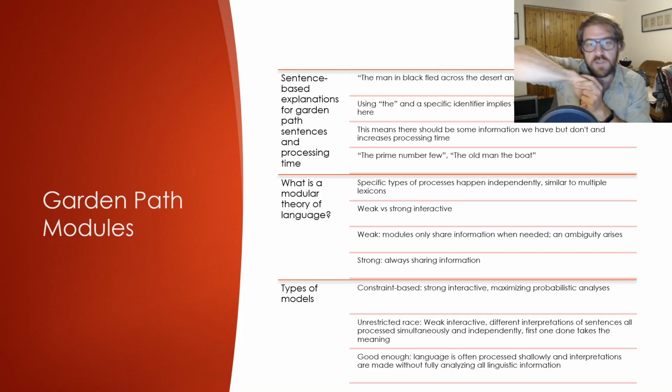Not all of the evidence that's in this linguistic utterance or written passage is analyzed to the full extent. This is when you might have something like the doctor was handed the scalpel by the nurse being interpreted as the doctor handed the scalpel to the nurse. Things are missed. It's good enough. Not everything was analyzed correctly. And this happens because we see errors that shouldn't be predicted by things like a constraint-based or unrestricted race model.